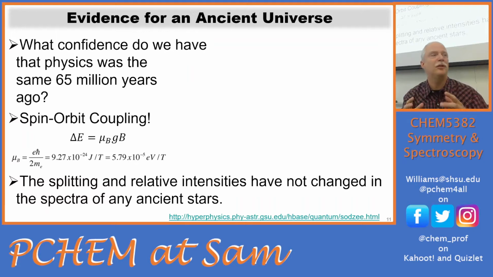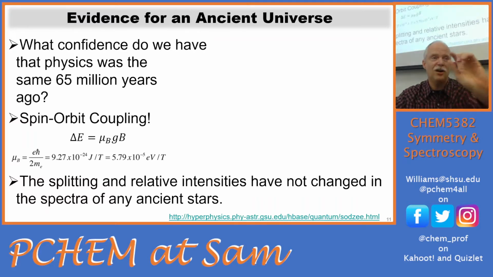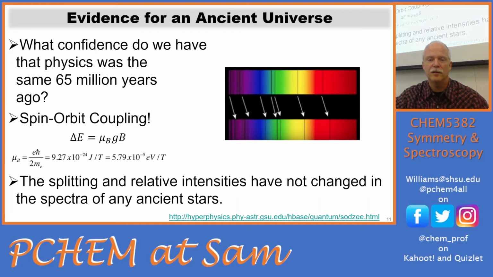And so Boltzmann's distribution depends upon Boltzmann's constant. So it looks like that constant was the same in that star far away as it is on Earth. And so again, it took 65 million years for that light to get to us, and it had the same Boltzmann constant and the same magnetogyric ratio. Okay, and so pretty interesting stuff to think about. So that's that sodium doublet.